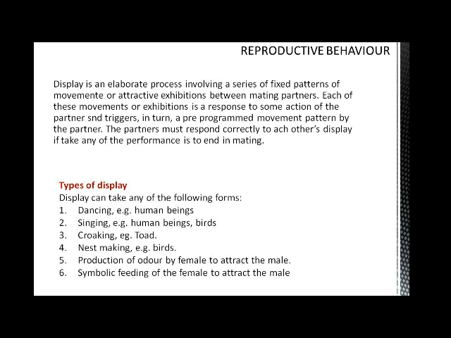For instance, in our villages and even in the cities today, dancing competitions are organized. And at the end of the day, the best dancers are chosen either by the female or by the male.